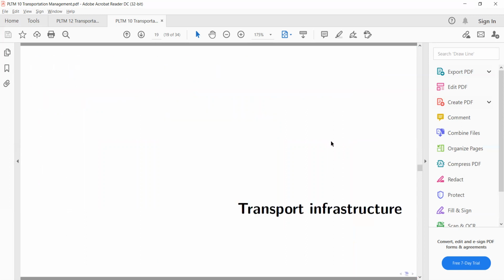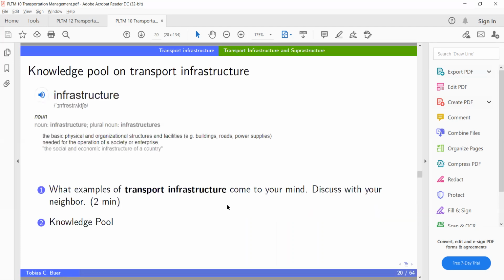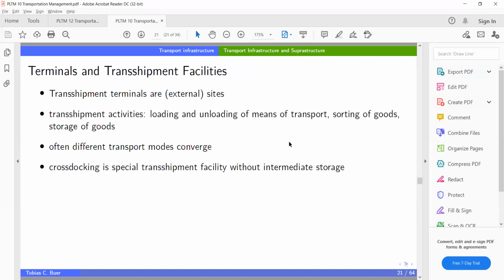Another big topic that is mainly knowledge-based and understanding-based is the different transport infrastructure that we have. And here, terminals and transshipment facilities are a main type of infrastructure. Transshipment facilities connect different modes of transport.